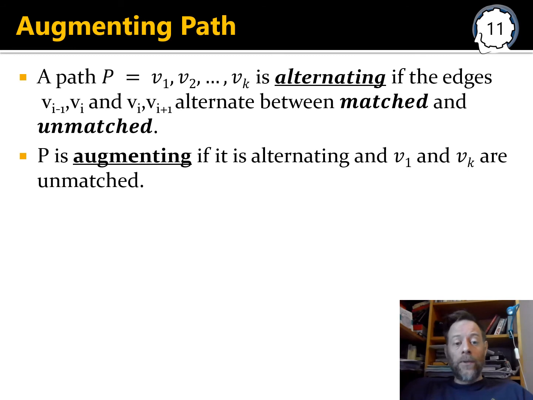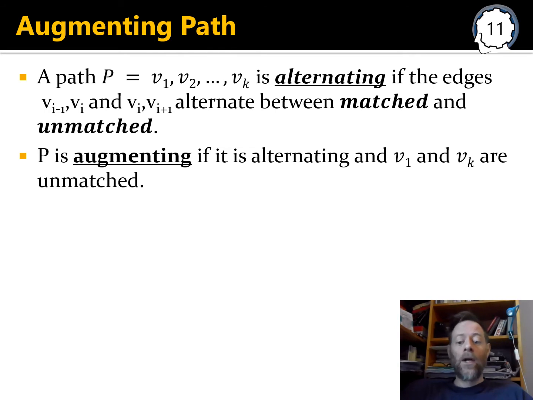Another way of doing this is to work with augmenting paths. As we saw in the previous lecture, a path is called alternating if the edges between v_{i-1} and v_i and v_{i+1} alternate between matched and unmatched. And P is then augmenting if it is alternating and v_i and v_k are unmatched.